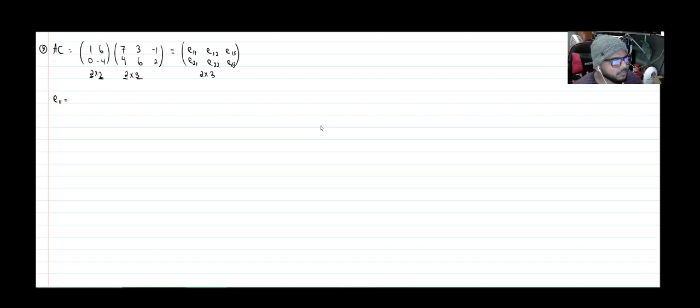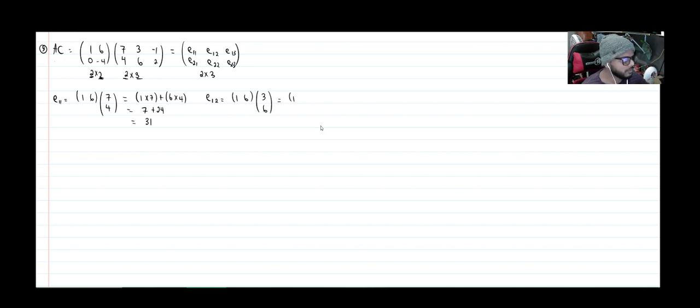E11, first row, first column, first matrix, second matrix. So the first row is 1 6. The first column is 7 4. Row by column, first by first, second by second, 1 by 7 plus 6 by 4. 7 plus 24, and we get 31. Next, E12. First row, second column, 3 6.